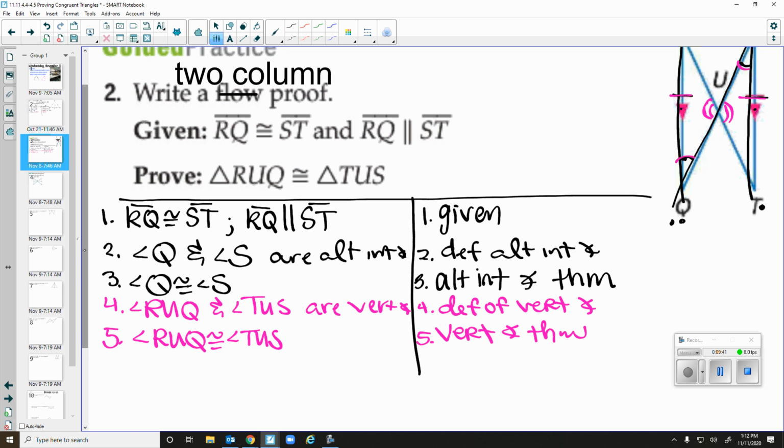Okay, so we have angle, side. How would I know what order? The thing to look for is the side. Is the side in between the 2 congruent angles or is it outside of them? Outside. So that makes it angle, angle, side.